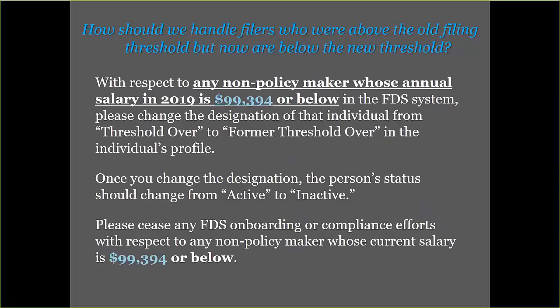Now, if you're not sure whether or not their salary is going to be there, you can hold off until you know for sure. But if you know that somebody is going to be below that, you can cease any of those efforts to nag them, right? If you know that they're not going to be a filer.